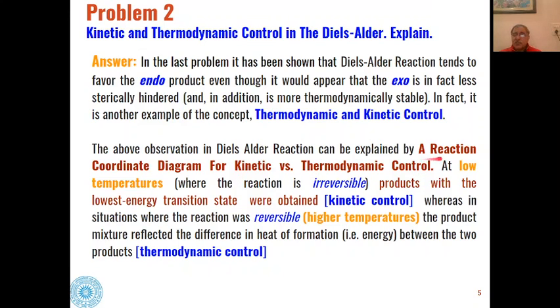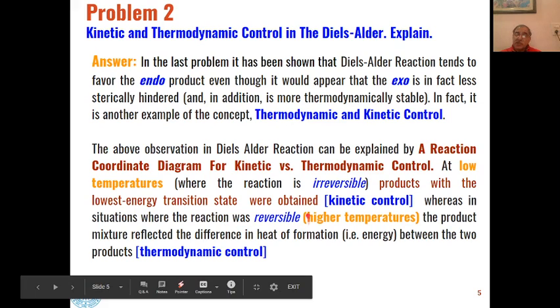So if we study the reaction coordinate diagram for kinetic versus thermodynamic control, we know at low temperature in case of Diels-Alder reaction, the reaction is irreversible and products with the lowest energy transition states are obtained, that is known as kinetic control.